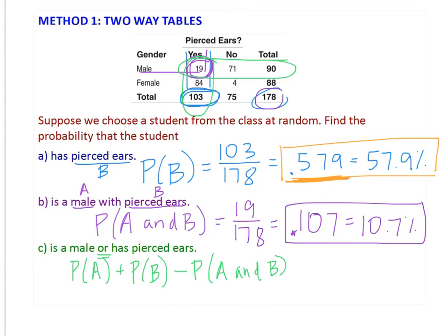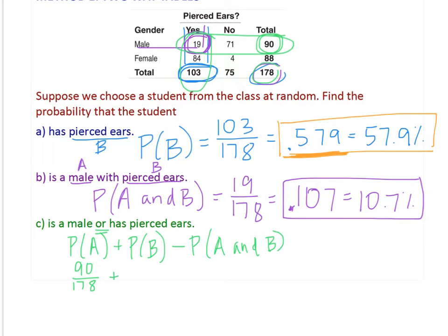So what this formula looks like with numbers is I would do the probability of A. Well, A is that they're a male. There are 90 males out of the 178, so I would do 90 out of 178. Let me move this up a little bit.